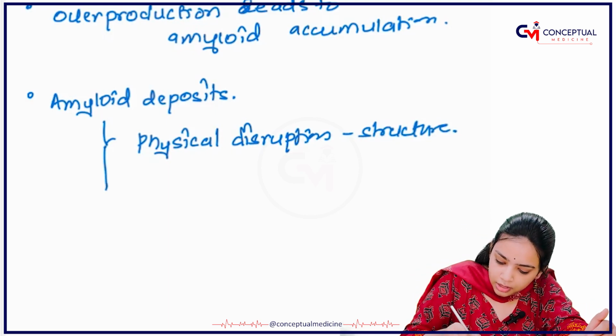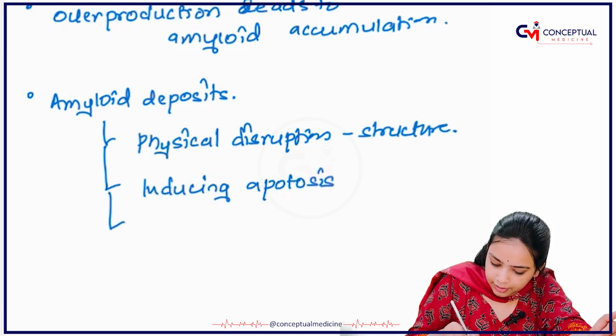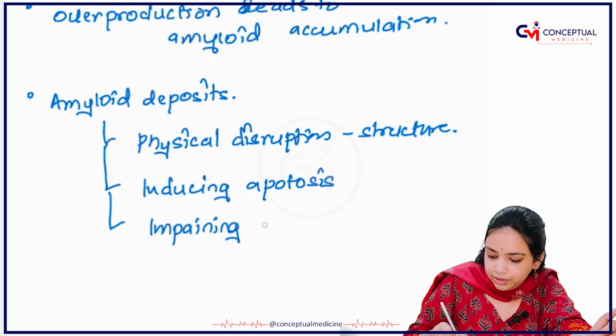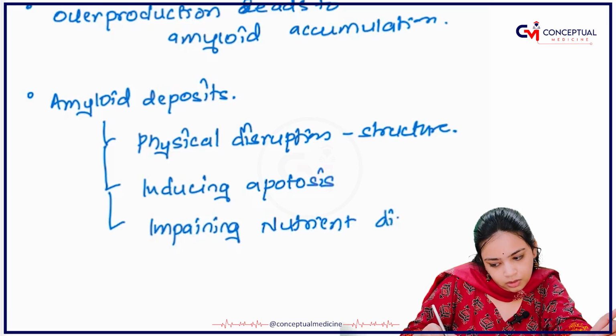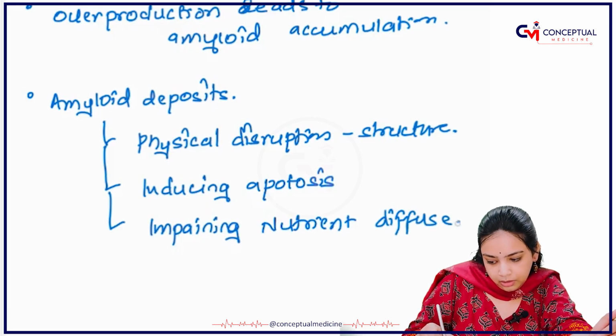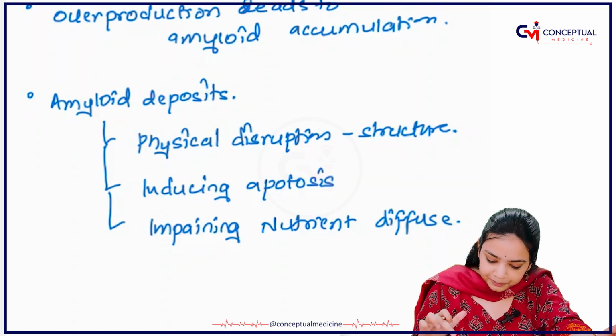Second one is if there is a process of apoptosis. Third one is if there is impairing nutrient diffusion. So these are basically the three things via which the amyloid deposits can occur.